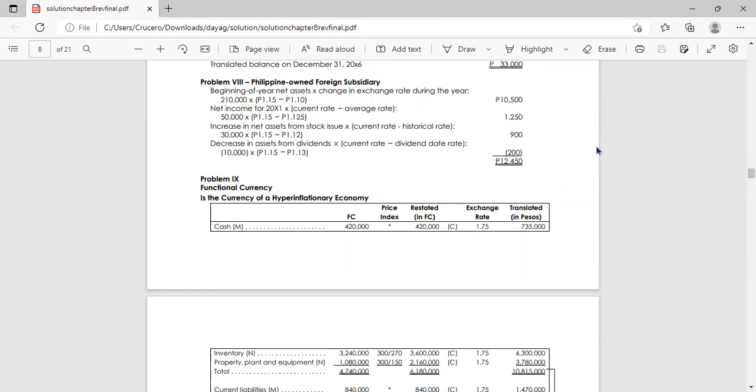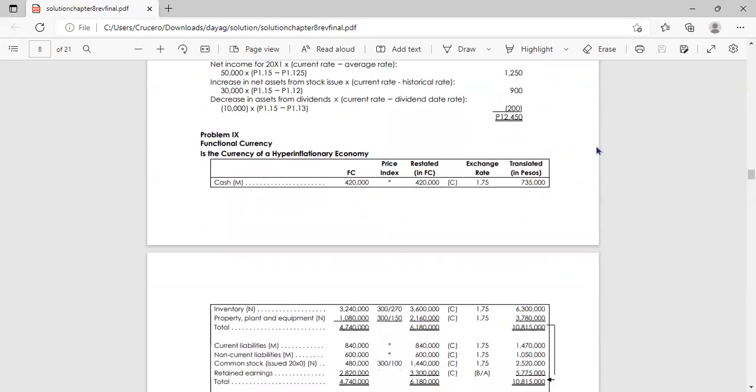So the currency of hyperinflationary economy, we begin with cash of 420,000 being monetary, and we have now the balance sheet date ends on December 31, 20x4. So we still have the current restated amount of 420,000.